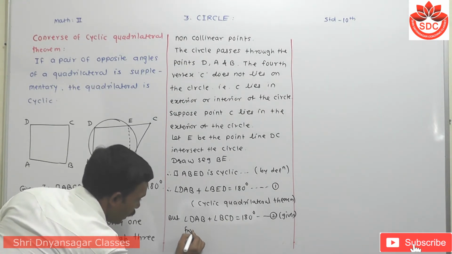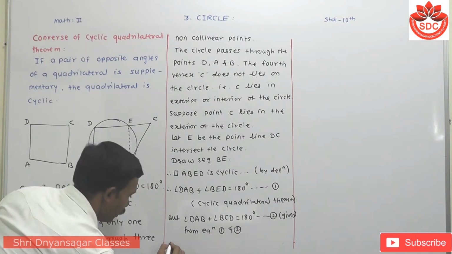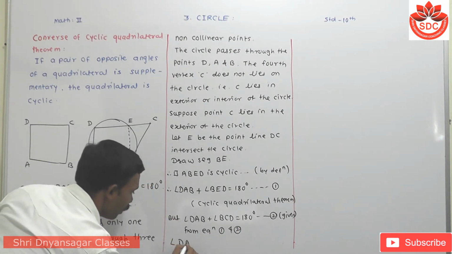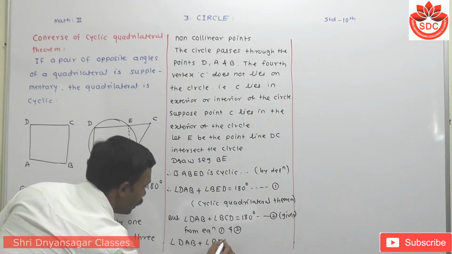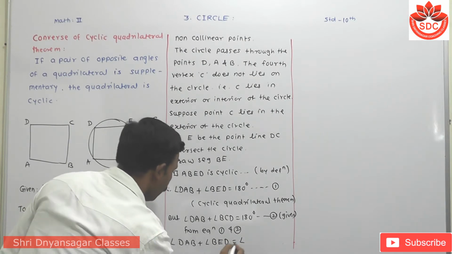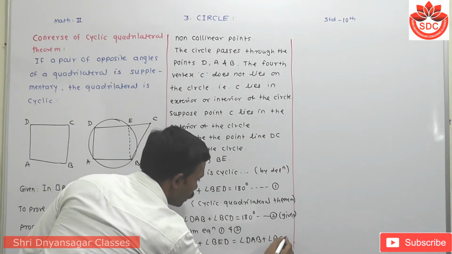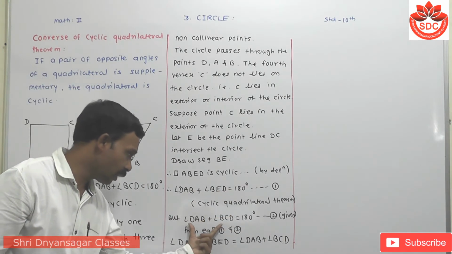So from equation first and second, angle DAB plus angle BED is equal to angle DAB plus angle BCD. Look carefully. This 180 is the same, means that these two are also the same.